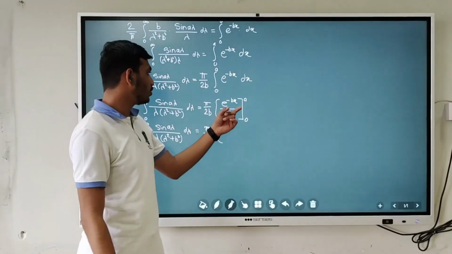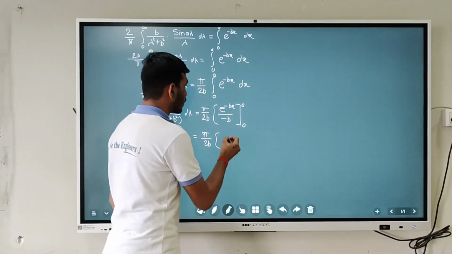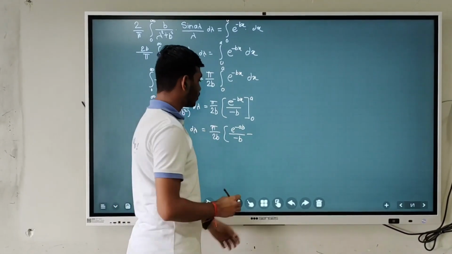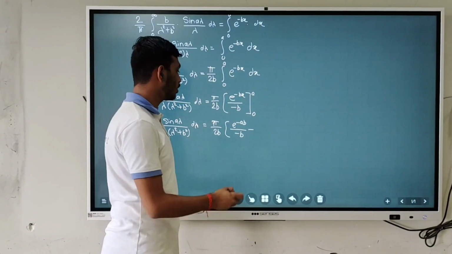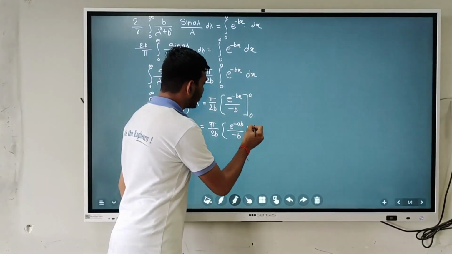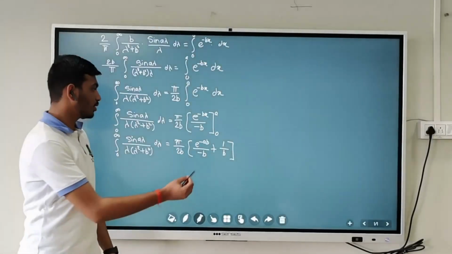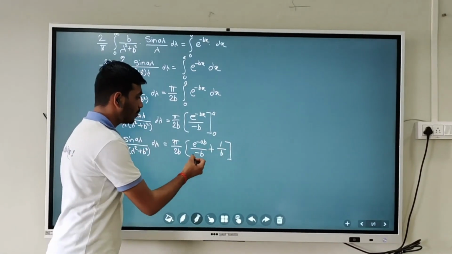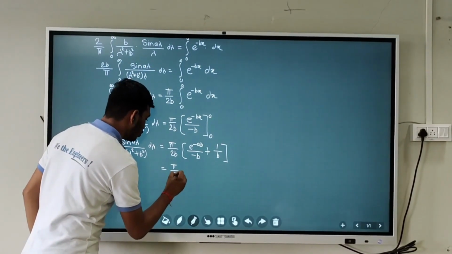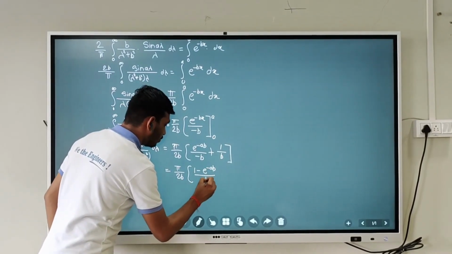Now as we all know, in place of x we substitute a, so we will get e raised to minus ab upon minus b, minus the lower limit, which starts with a minus sign, but this minus and this minus sign gives plus, and we will get 1 upon b. Now this minus is absorbed in the bracket, and the whole equation will be changed as: pi upon 2b times (1 minus e raised to minus ab) upon b.